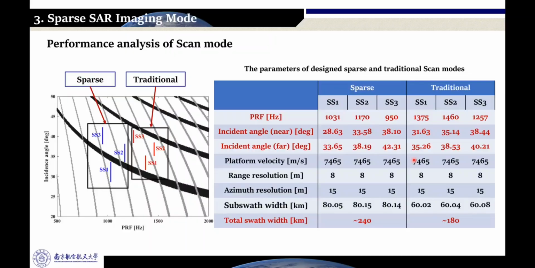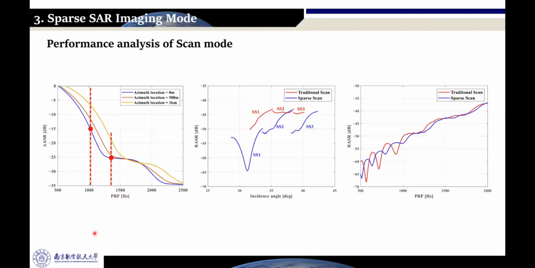The PRF is reduced to 3/4 of its original value. The relationship between ASR and PRF for SS1 is shown in the left figure. It can be seen that ASR value increased with reduced PRF. It is necessary to suppress the azimuth ambiguity using the sparse imaging method.